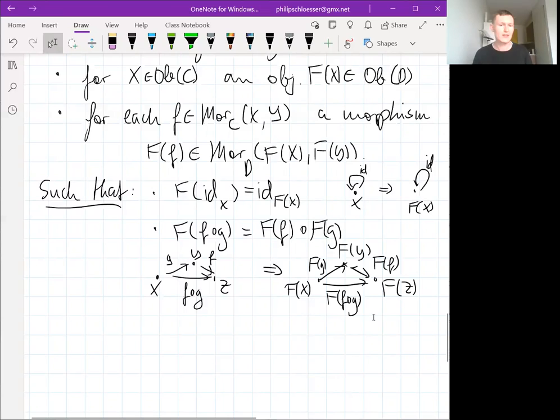So what a functor does is it turns a commutative diagram into a commutative diagram. And in fact, we could even say that a diagram is a functor.